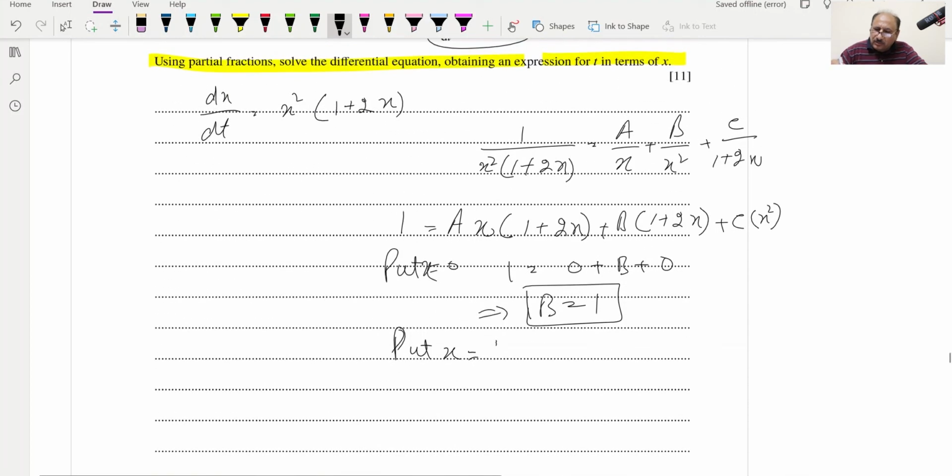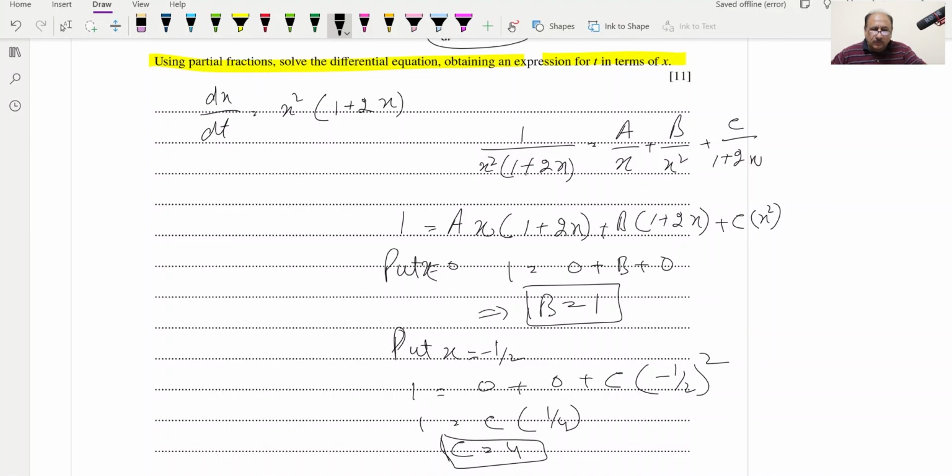Basically, first we make this one 0, so that this will also be 0, so we will get the c value. Our equation will reduce to 0 plus 0 plus c into minus 1 by 2 squared. So 1 is equal to c over 4, and c will be equal to 4.